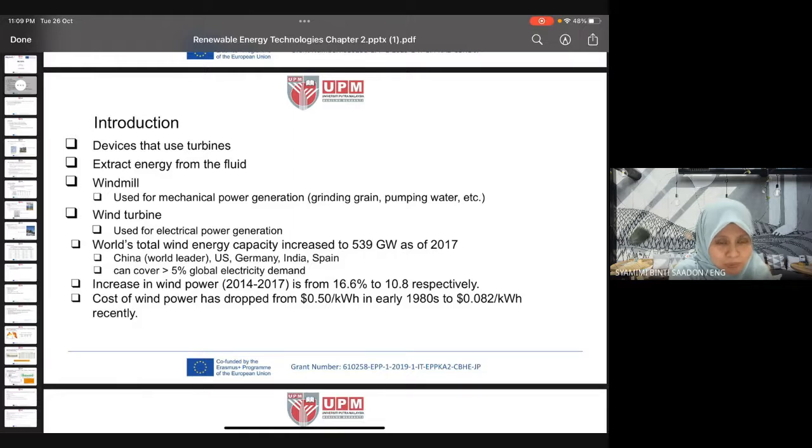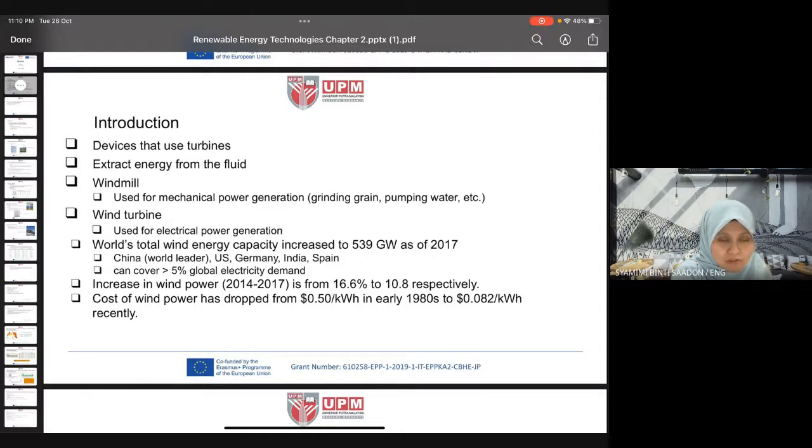The basic knowledge in wind energy is that it applies the turbine concept, which in aerospace or even mechanical engineering we study a lot. We at least know the fundamental process in turbine, right?